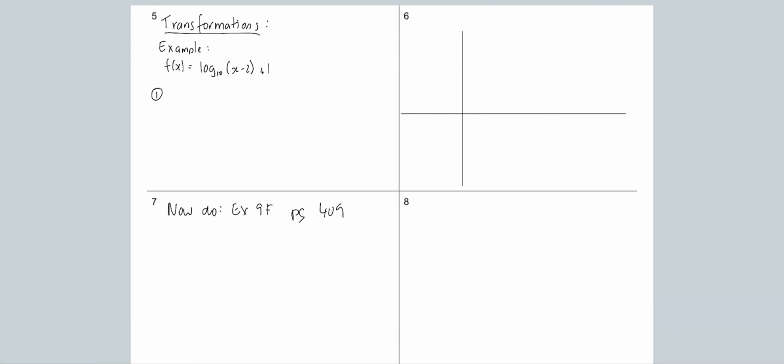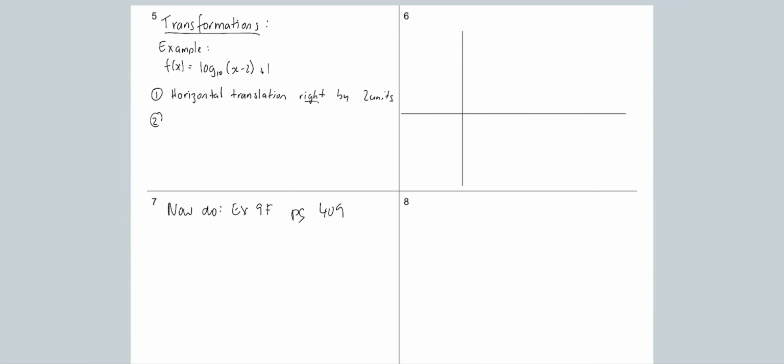Up and along, can we be more specific than that? We have done transformations, haven't we? This year, in the functions unit, I thought we did. Okay, I'll spell it out. So we have a horizontal translation right by 2 units.